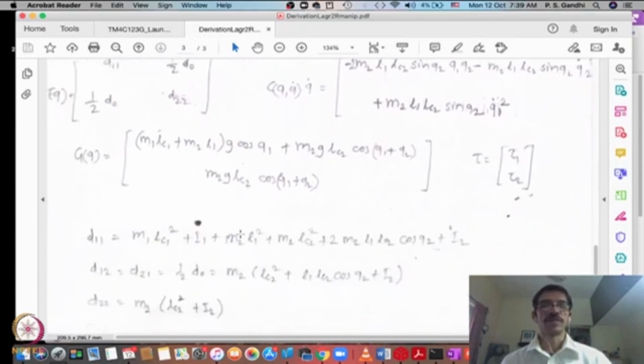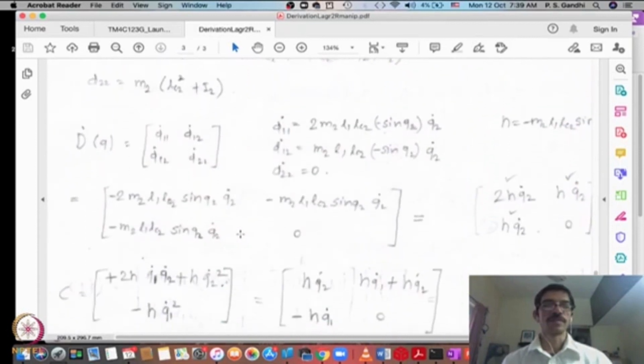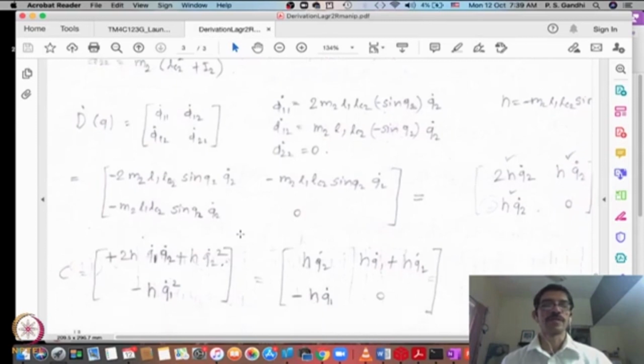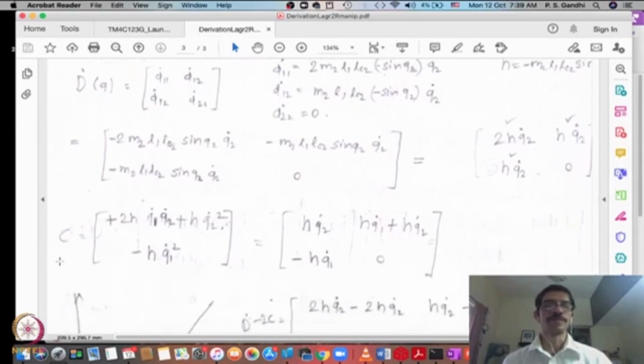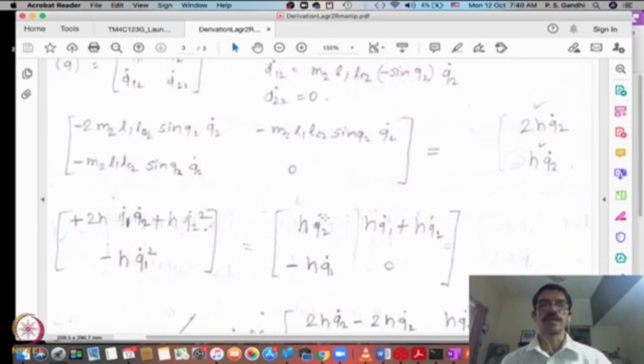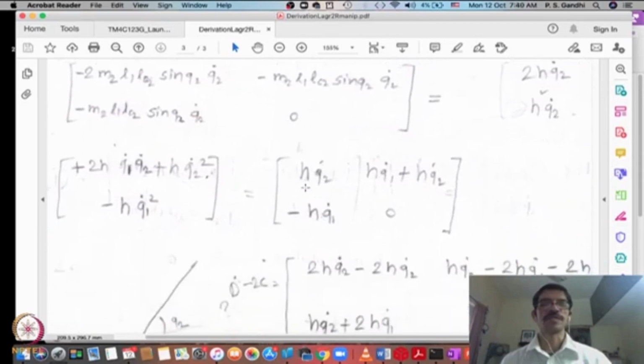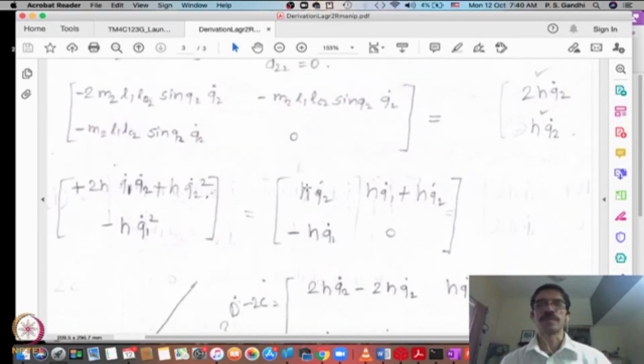I can have different possibilities. One of the possibilities you can see up here, I can express my C as follows. I have used some symbol, just to get rid of these complicated terms, I am using this H as a symbol for some term.